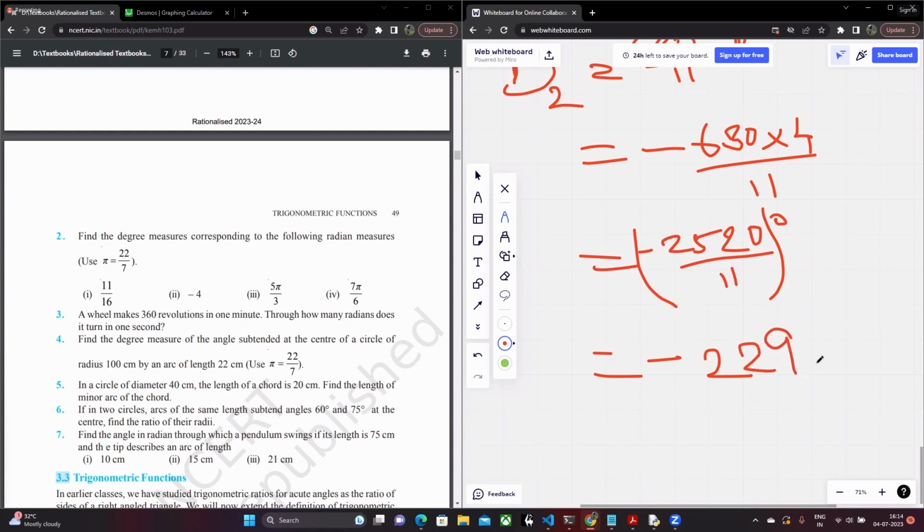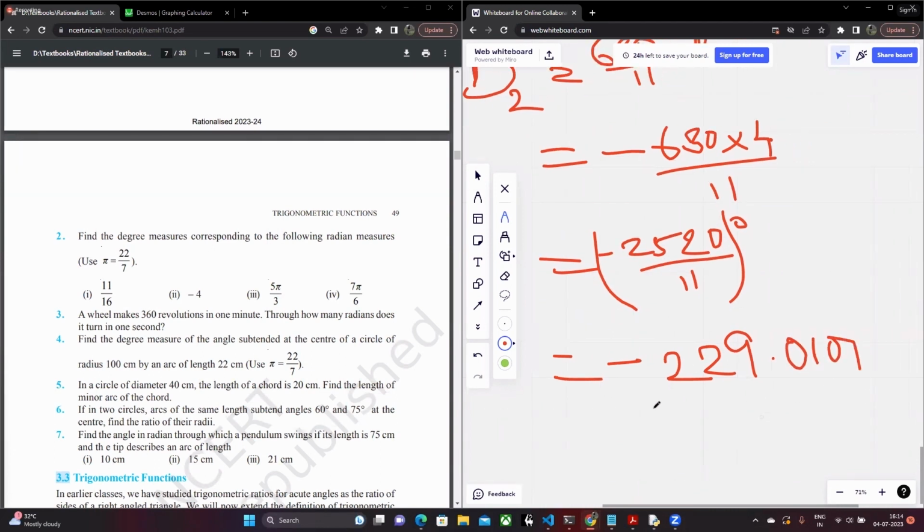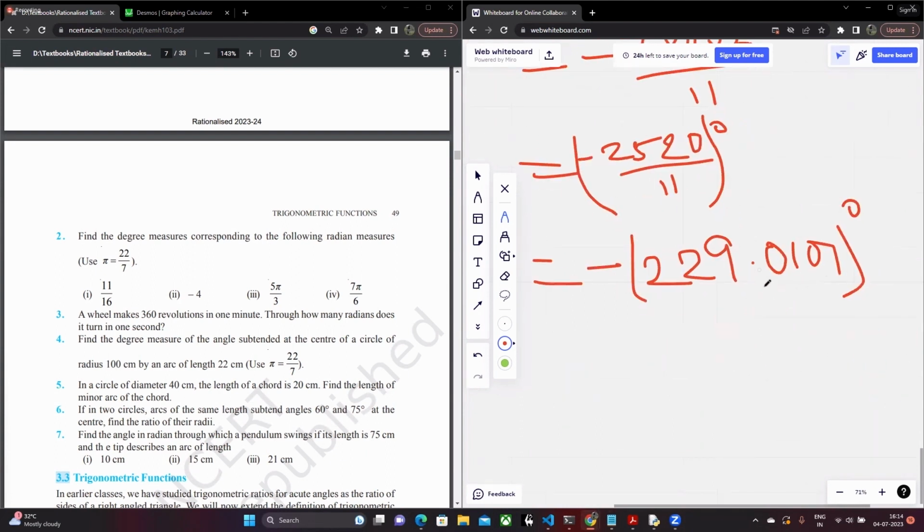This is 229.0101 degrees, if I'm not wrong, right?